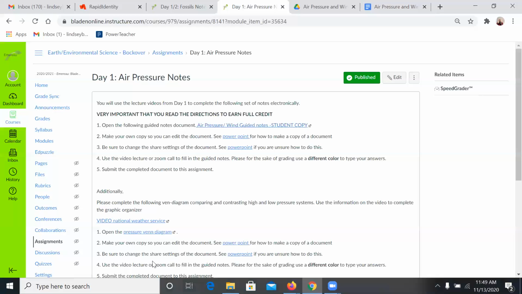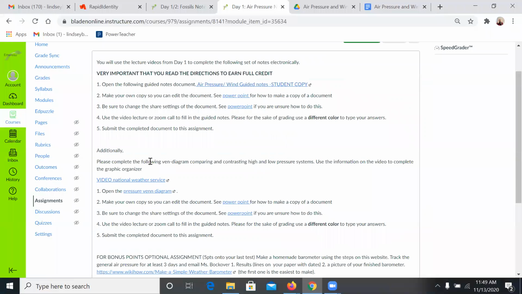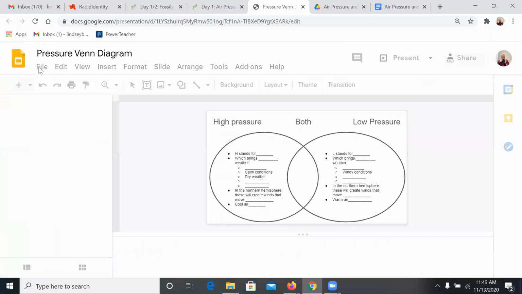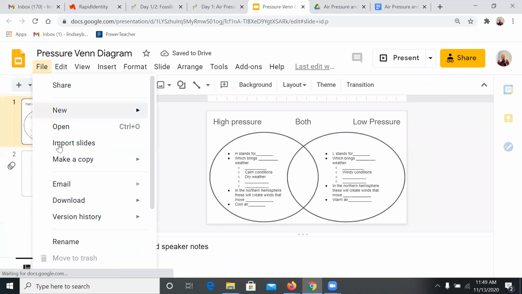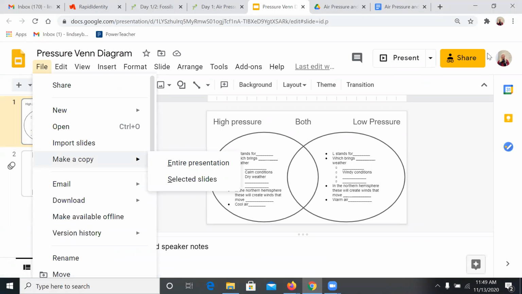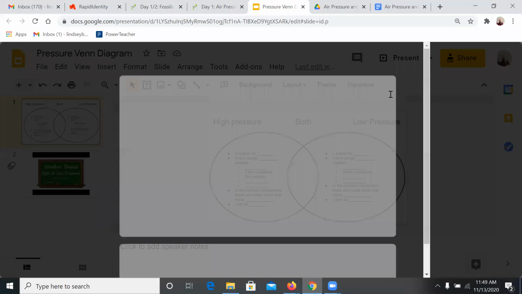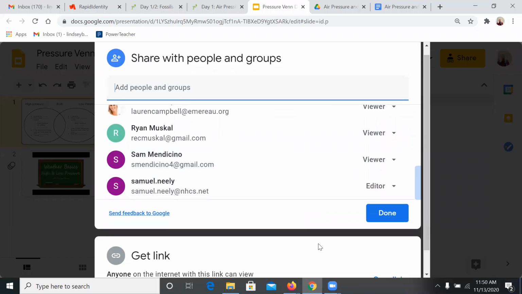The last thing that I need you to do today is to please go and complete the following Venn diagram comparing high pressure and low pressure systems. So you're going to watch this video. You're going to do this Venn diagram. Again, you're going to need to go to File, make a copy, and change the share settings to anybody with the link here.